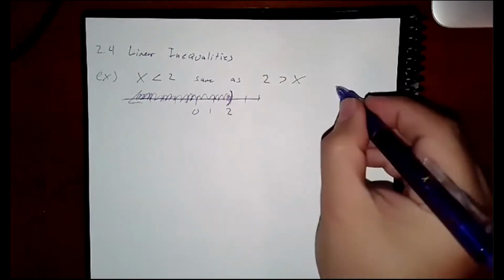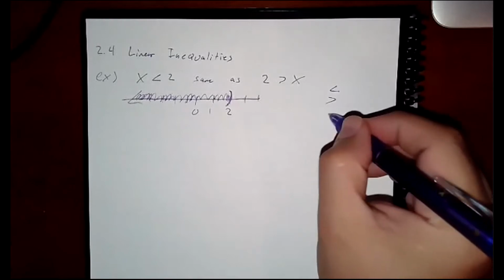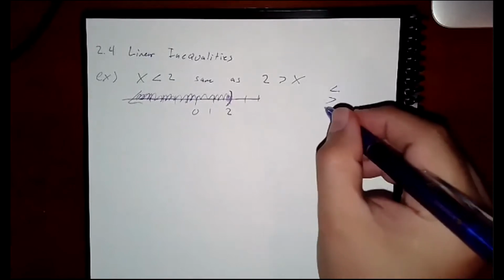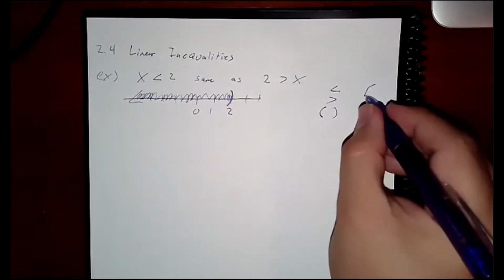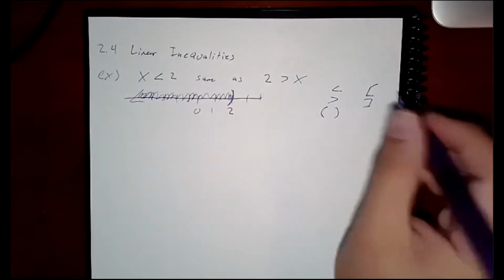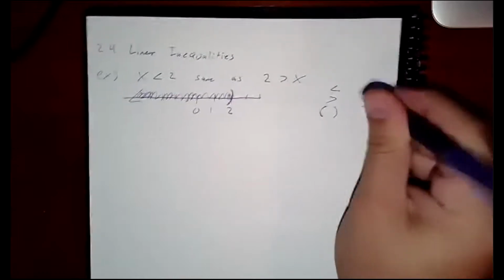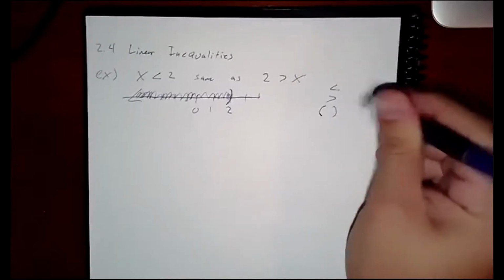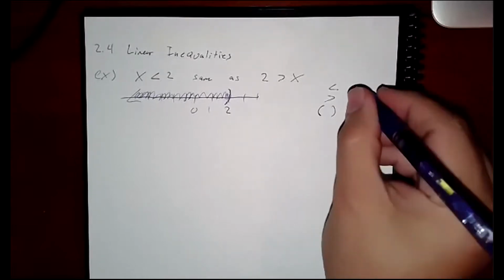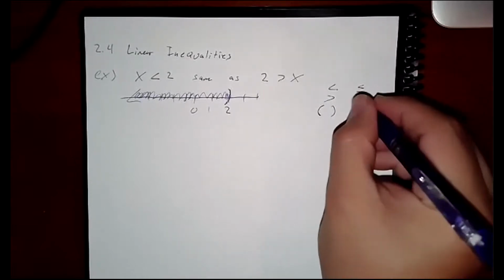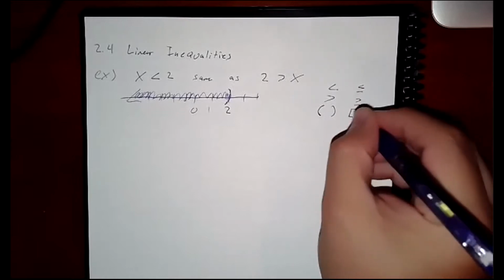So real quick, this is parentheses. The next one would be a bracket. If you put the equal to underneath, then you use this on the graph.